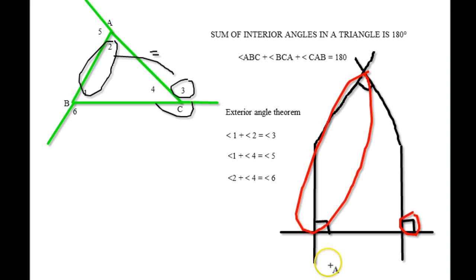Well, if you're paying attention, this is 90 degrees. This is some angle, which is just bigger than 0. And they need to add up to be equal to this angle. Well, last time I checked, 90 plus something is not equal to 90.